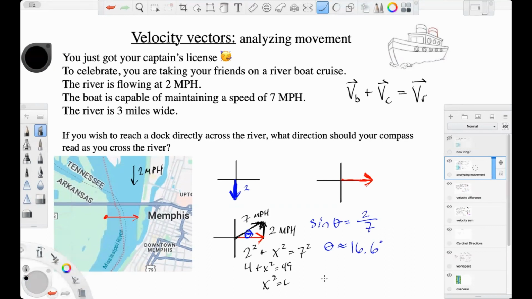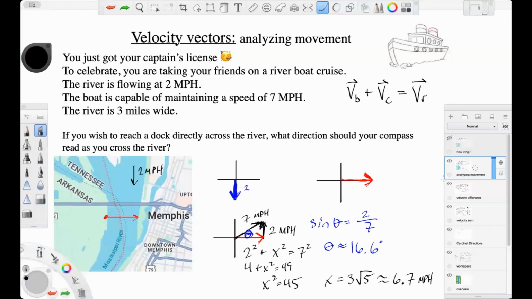And then we take the square root of that. So that's going to be 3 root 5, or the square root of 45 is approximately equal to 6.7. So 6.7 miles per hour is how fast we're traveling in this direction to the right.